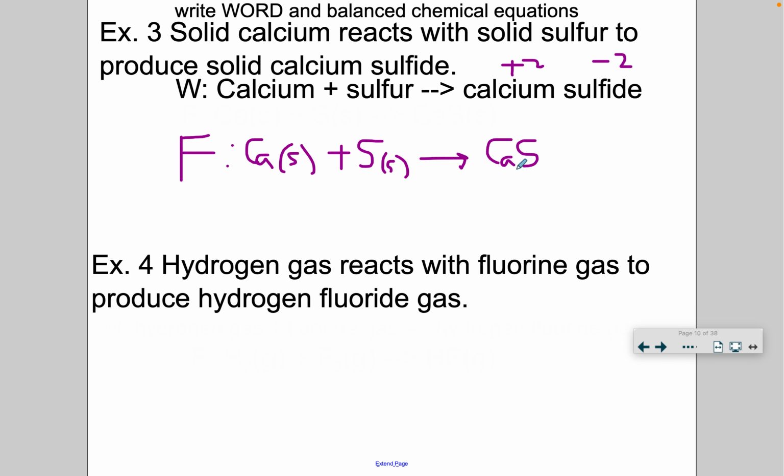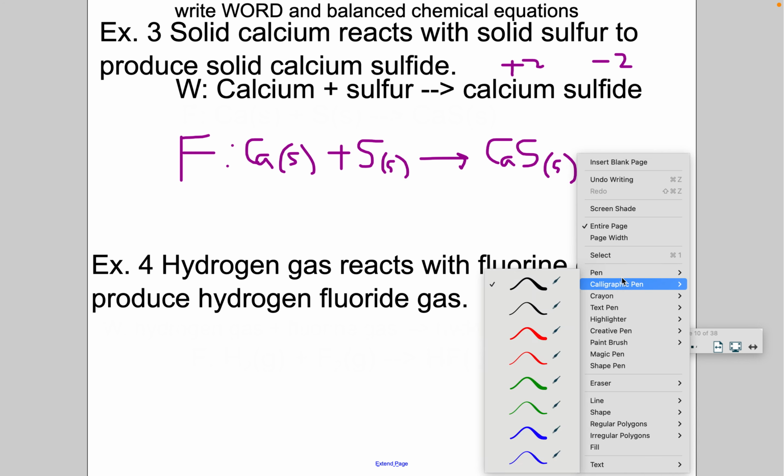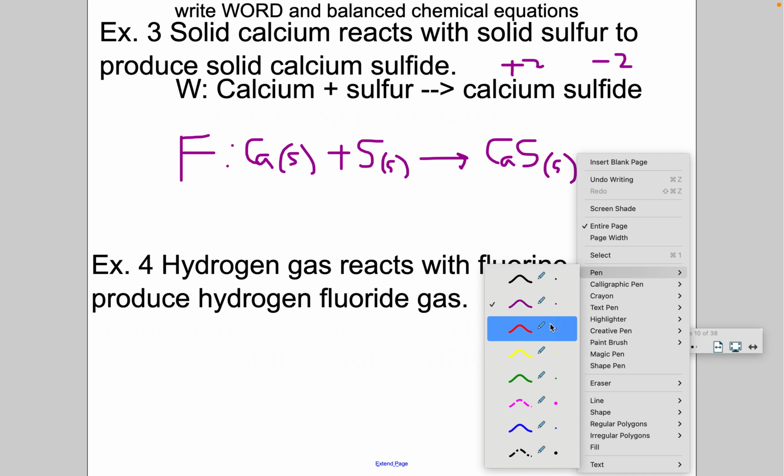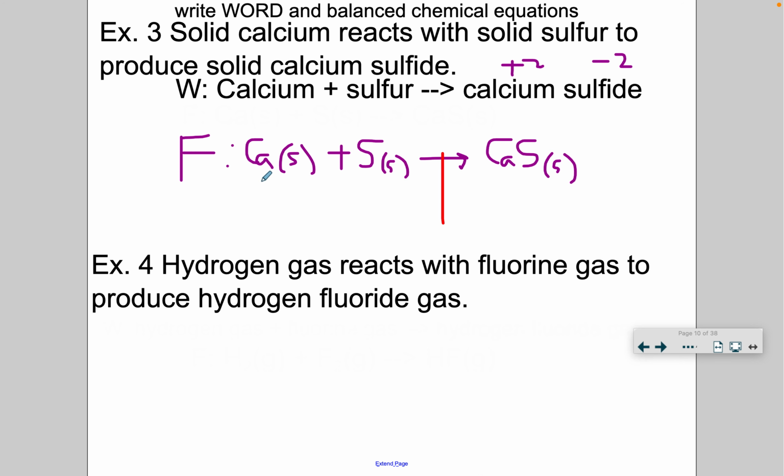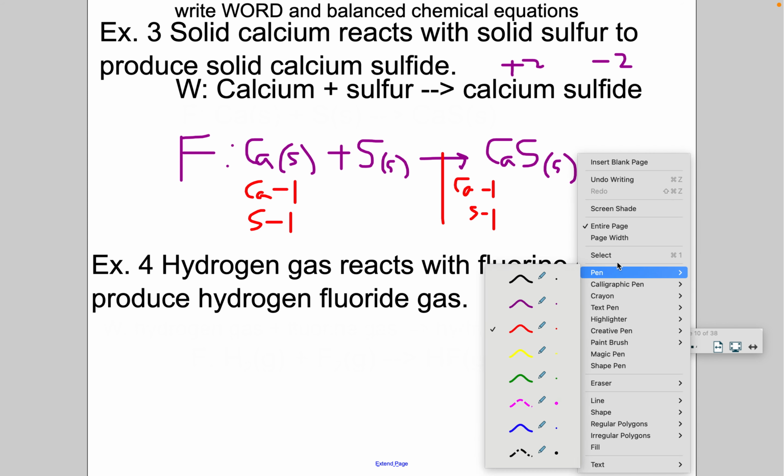And what's the state of calcium sulfide? Solid. There, that's it. Now is it balanced? I have 1 calcium here, 1 sulfur here, over here, 1, and 1. Yeah, that looks balanced to me.